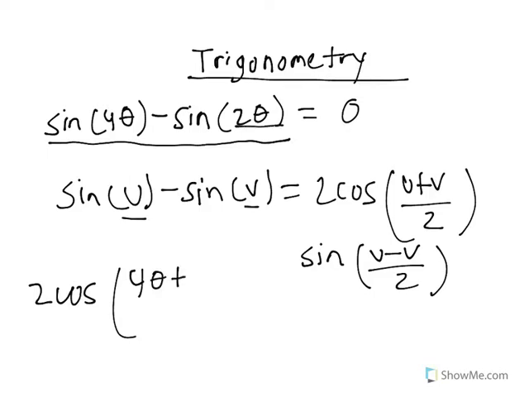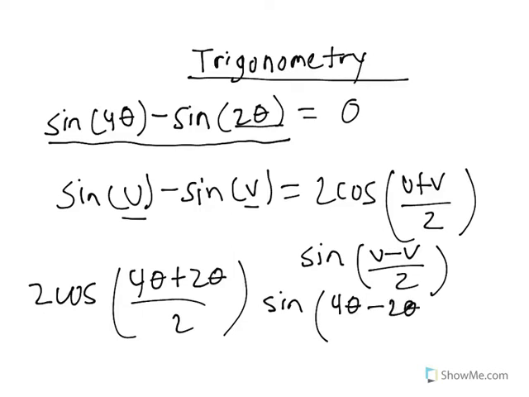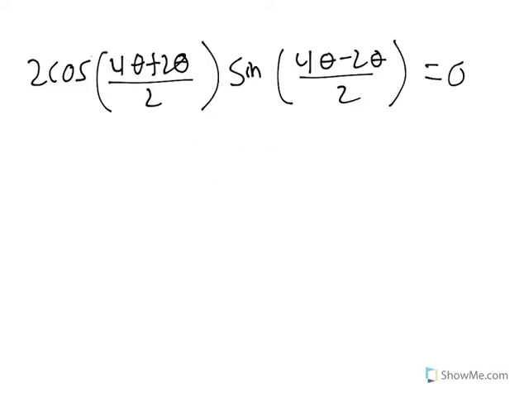So 4 theta plus 2 theta divided by 2, and then you multiply that times the sine of u minus v, so 4 theta minus 2 theta over 2. So that equals 0.